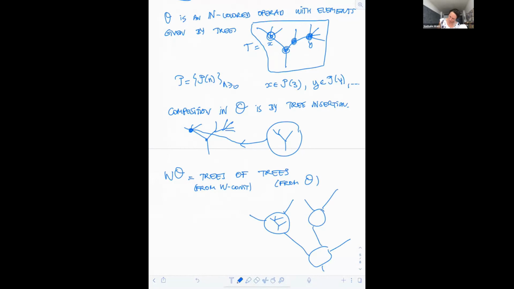The ones labeling the vertices come from the operad O, and the big tree comes from the W construction. The ones from the W construction compose by grafting, by putting these above each other, whereas the other ones compose by insertion.